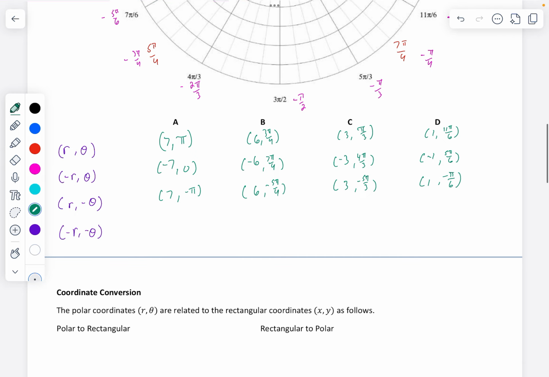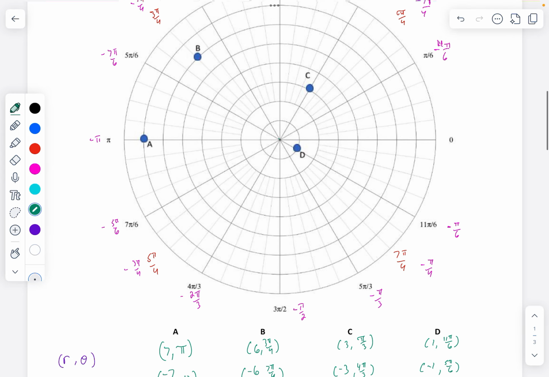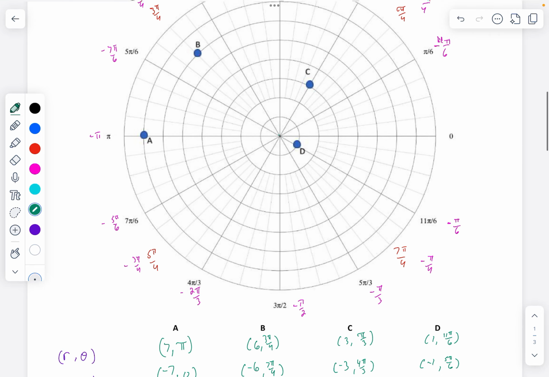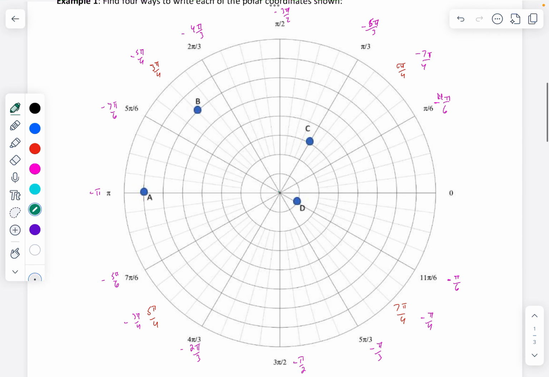All right, and then lastly we have negative r and negative theta. To do negative r and negative theta, we're going to start at A, and now we're going to move away from an angle. What angle are we moving away from? Go this direction, 1, 2, 3, 4, 5, 6, or sorry, 7.